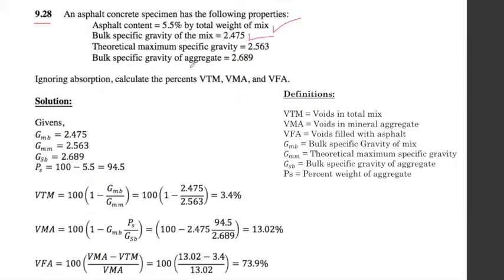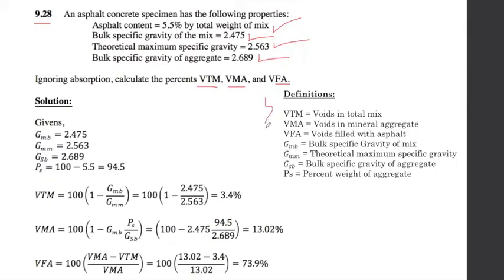The theoretical maximum specific gravity equals 2.563. The bulk specific gravity of aggregate equals 2.689. And we will need to determine VTM, VMA, and VFA. However, we will be ignoring the absorption.